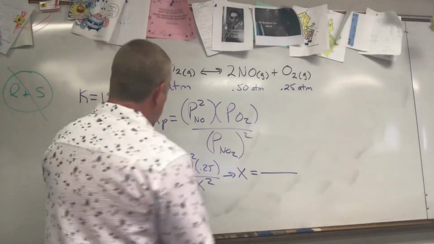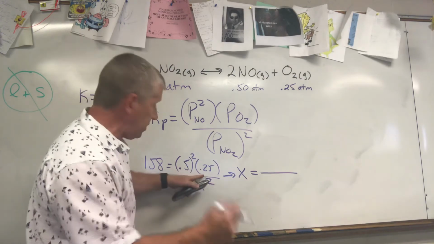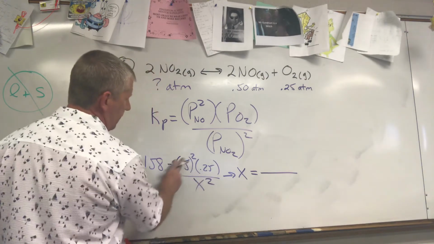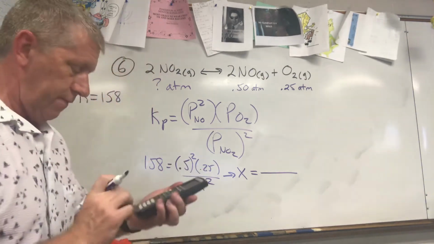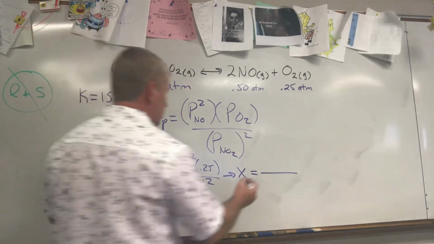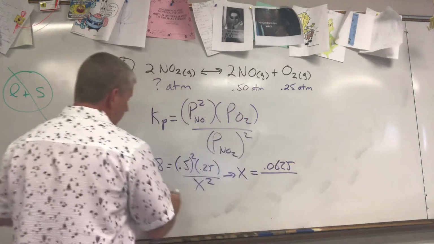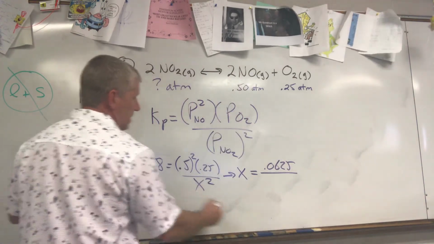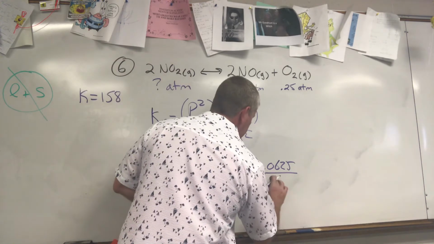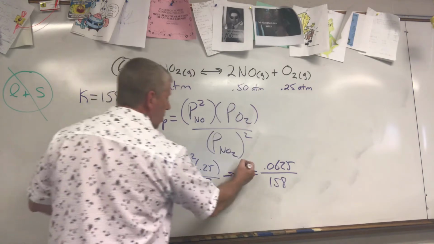So 0.5 times 0.5 is 0.25 times 0.25. So this equals 0.25. Then you have to multiply again by 0.25. So that's 0.0625. Divided by, remember I'm going to switch this, 158. Now that was X squared.